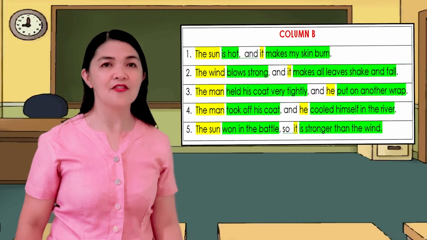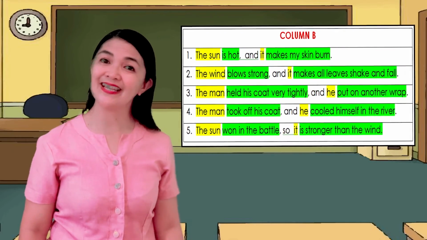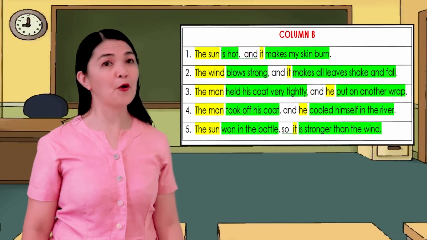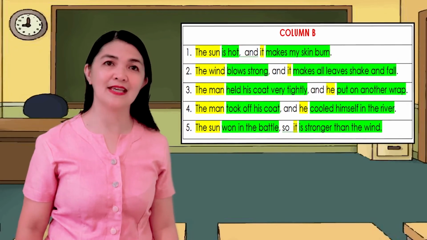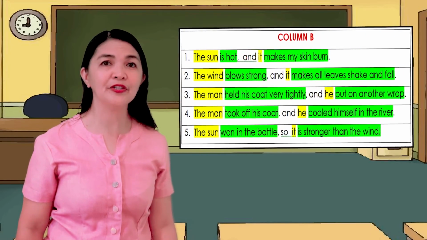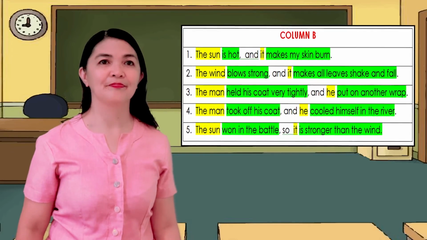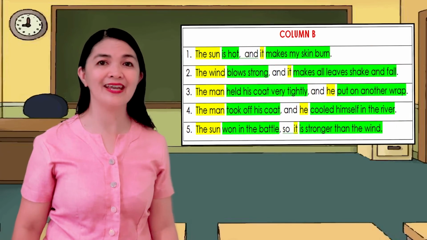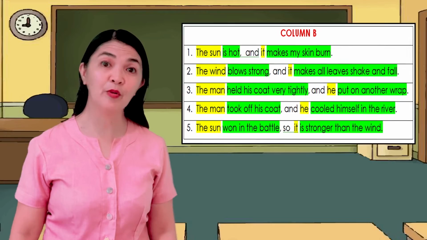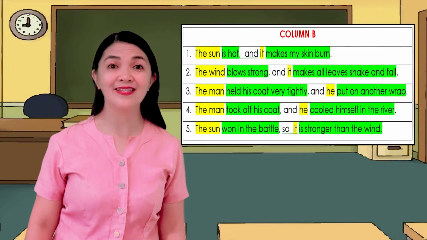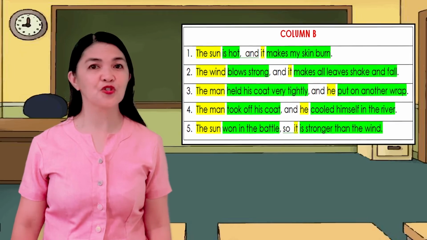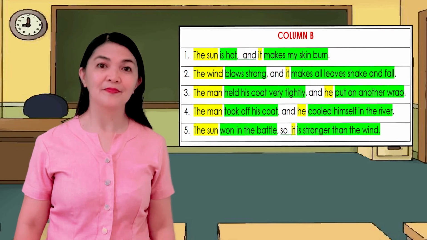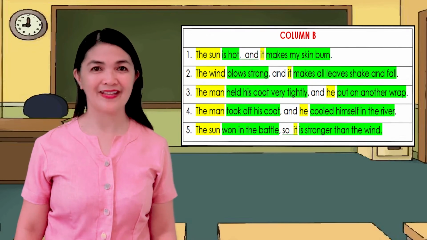Number 4, the man took off his coat and he cooled himself in the river. And number 5, the sun won in the battle, so it is stronger than the wind.